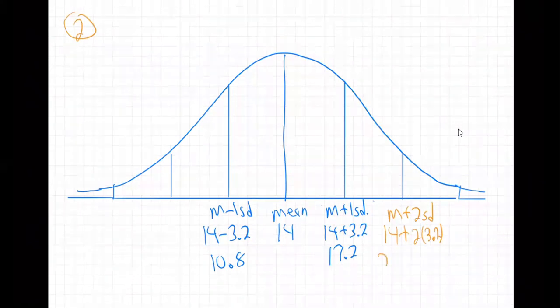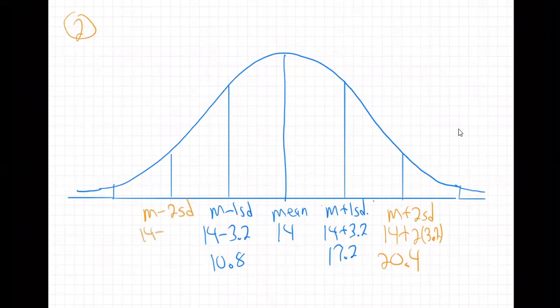That's going to be 20.4. And this one over here will be the middle minus 2 standard deviations. So this will be 14 minus 2 times 3.2 because it's 2 jumps to the left. So that comes out, let me use my calculator here, 14 minus 2 times 3.2 is 7.6.